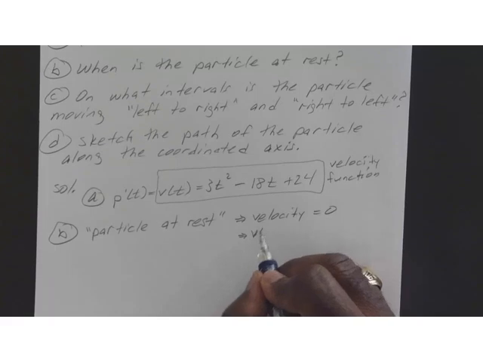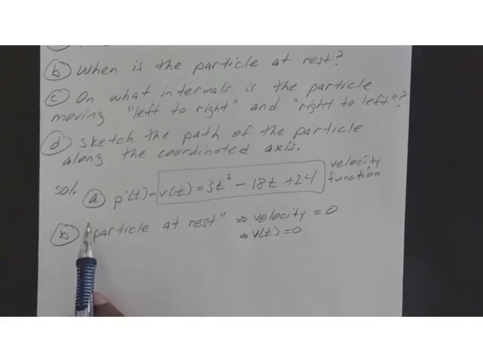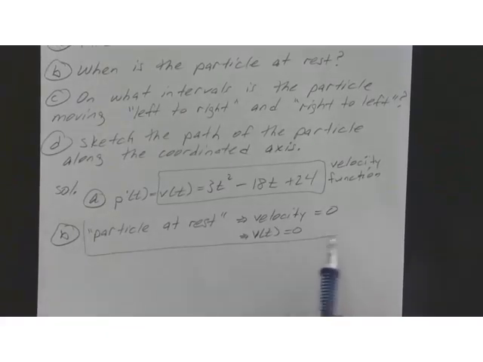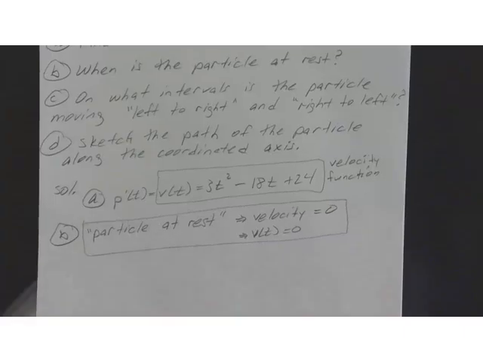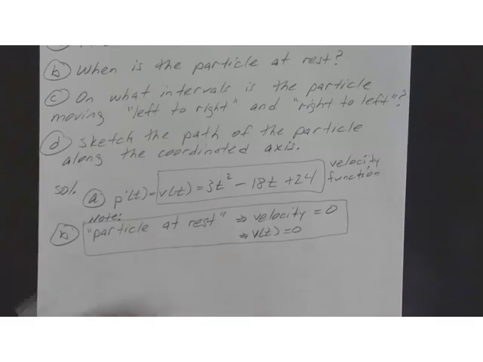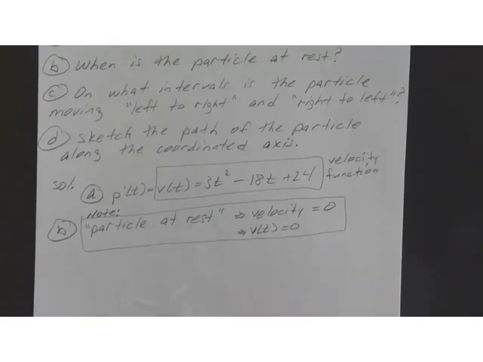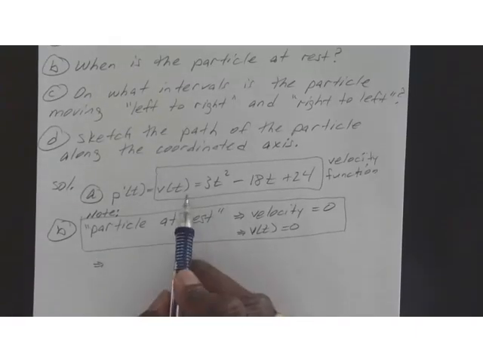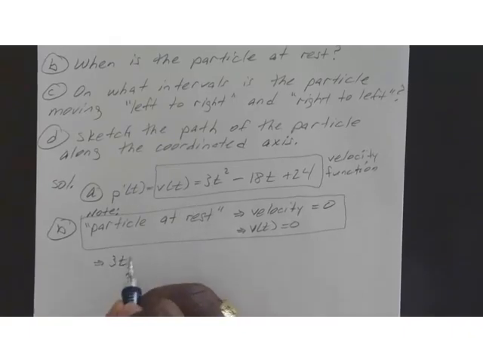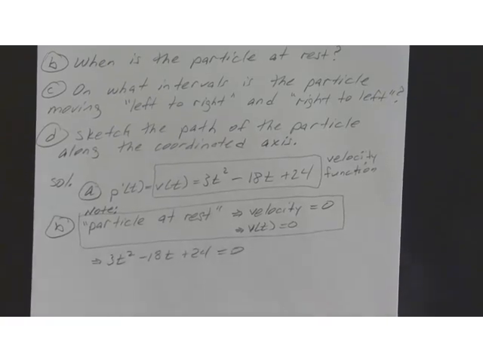Or you could just say that v of t is equal to 0. So that means we want to find out when our velocity, which is 3t squared minus 18t plus 24, is equal to 0.